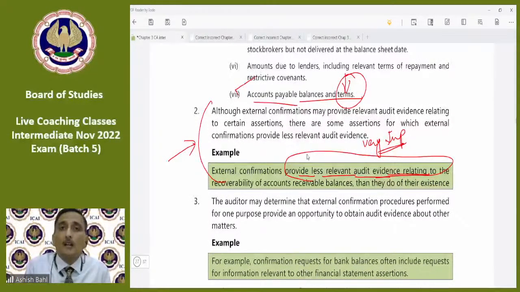So normally the external confirmations are a very reliable means of audit evidence, isn't it? But in some cases, external confirmations provide less reliable audit evidence. How can the external confirmations provide less relevant audit evidence?